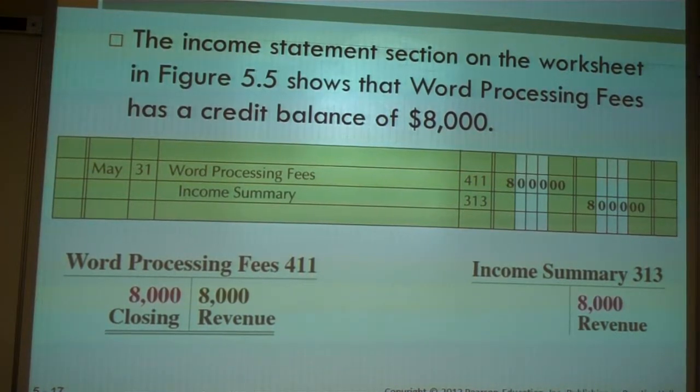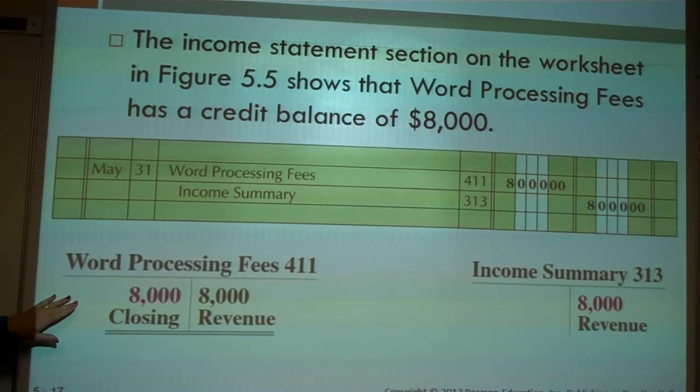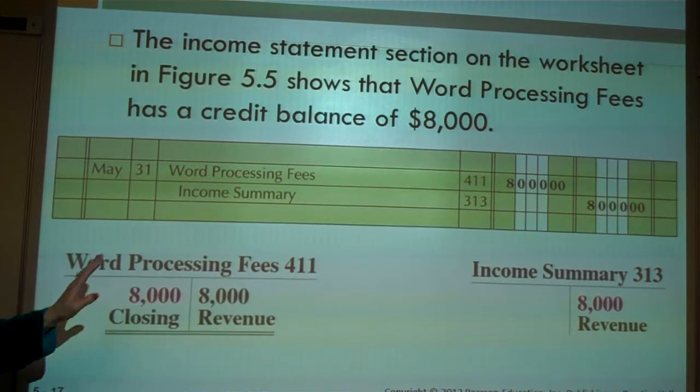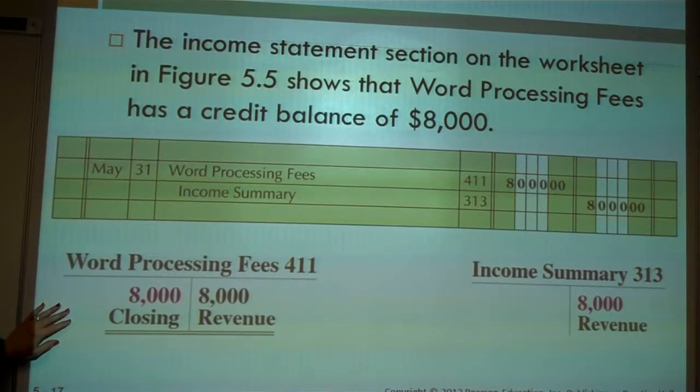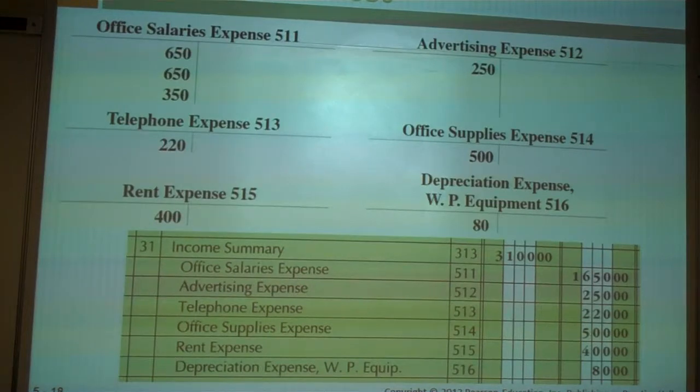So here's our debit, word processing fees, and our credit is income summary. What is our balance now for the revenue account after we post? Zero. What is our balance in income summary? On the credit side. All right. Let's look at the next one.